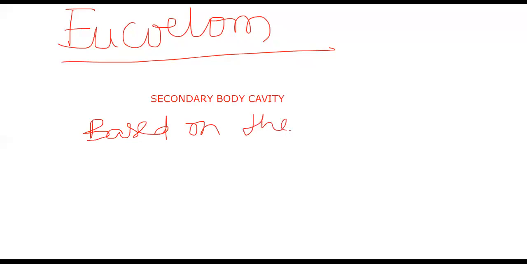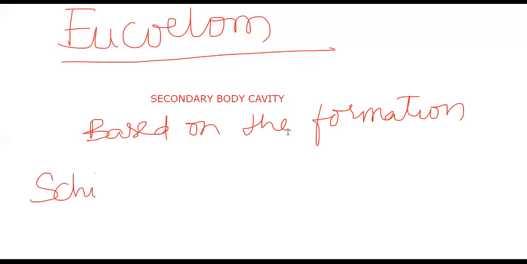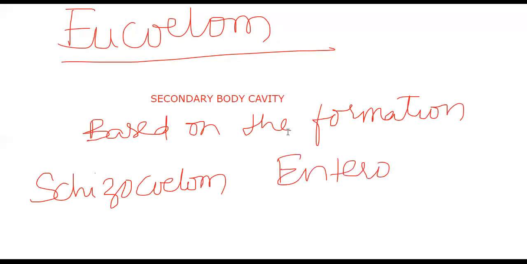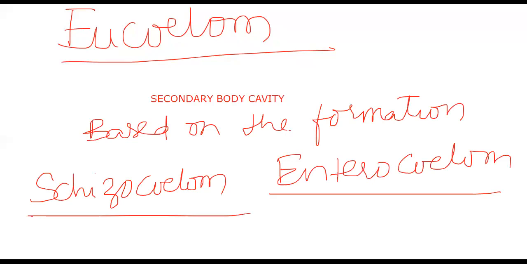Based on the formation, we classified the true body cavity into two: schizocoelom and enterocoelom. So that we have to discuss now. Okay, in both, what is the common thing we need to remember?